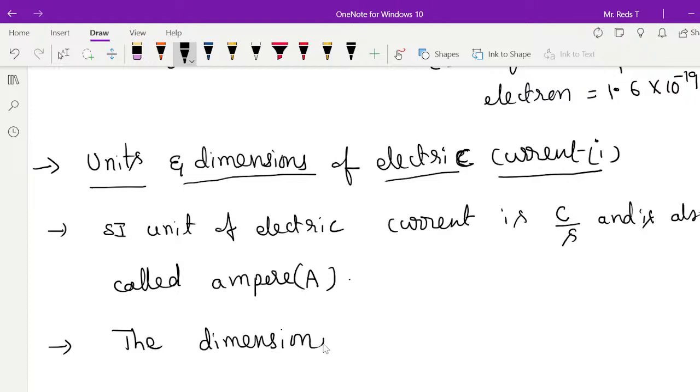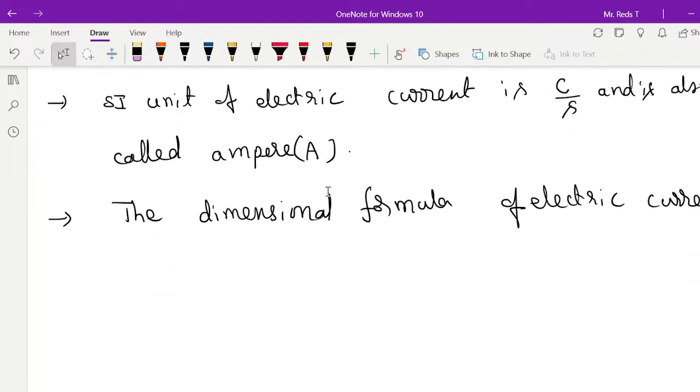The dimensional formula of electric current is, while writing the dimensional formula, we write within square brackets the dimensional equation as I is equal to A, since the dimensional symbol for current is A. So A power 1 is the dimensional formula of current.